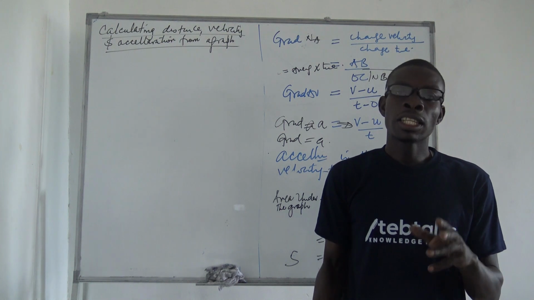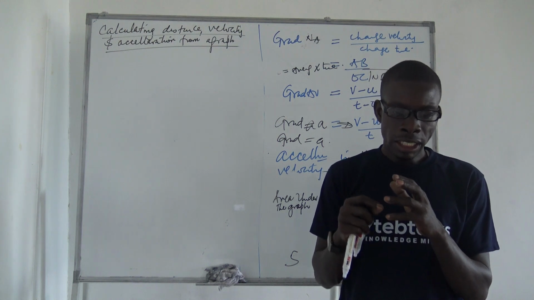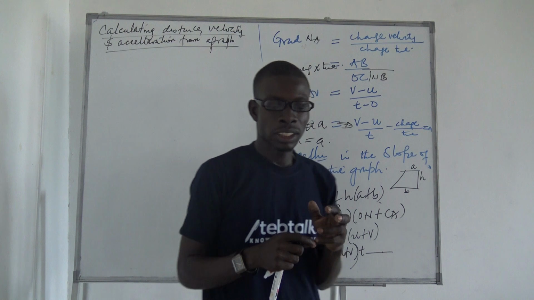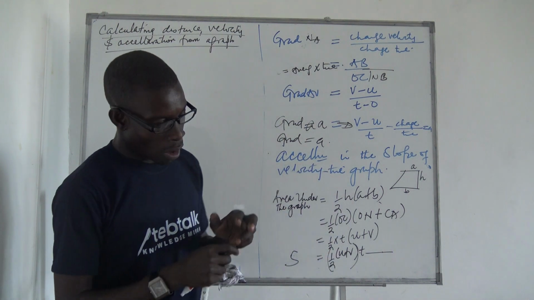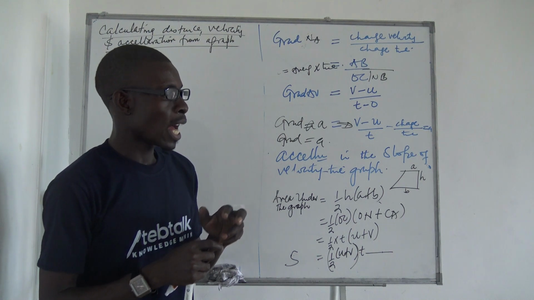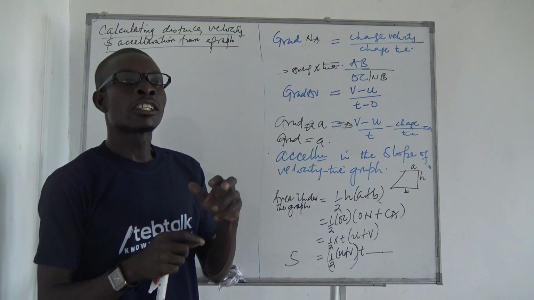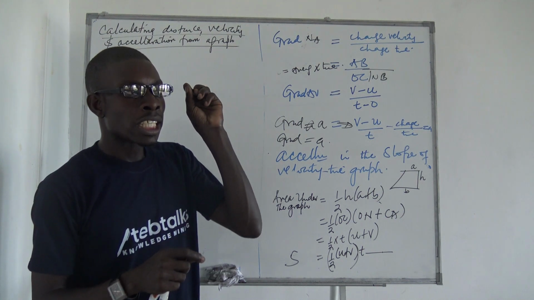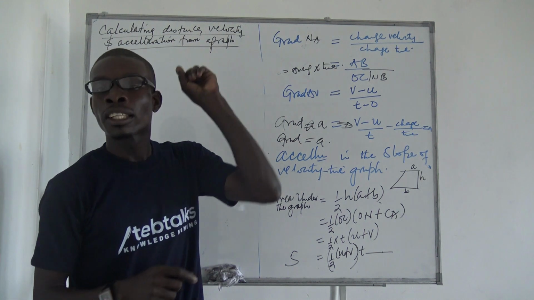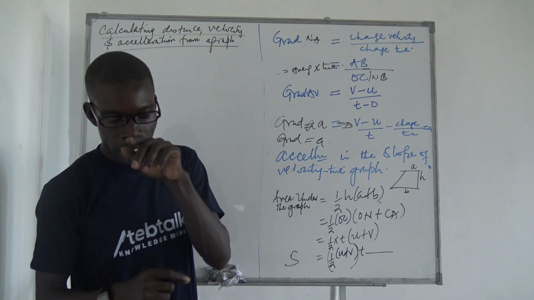Is that okay? The slope of the velocity time graph is always acceleration. Clear? And then next, the total area under the graph gives you the displacement of the body.